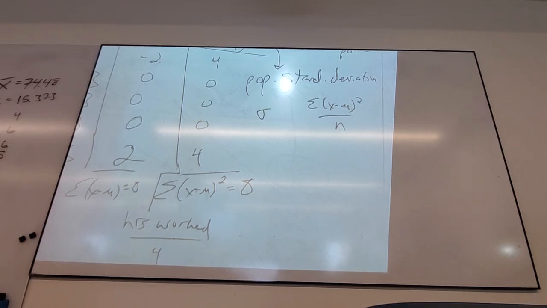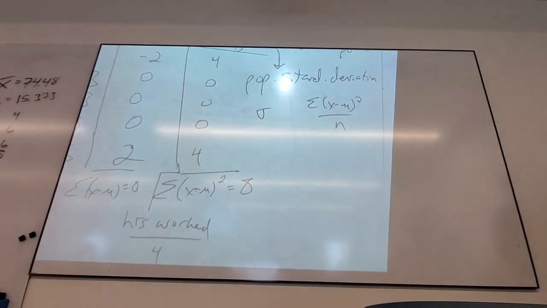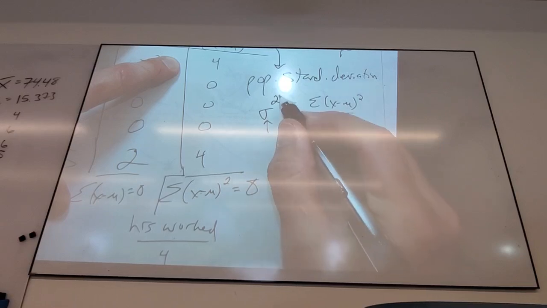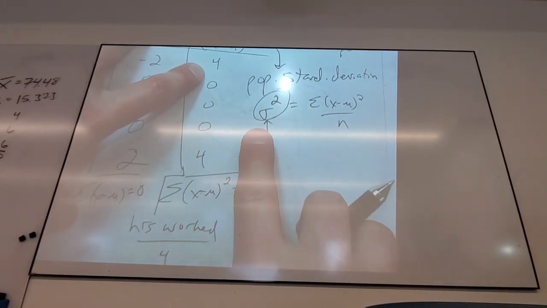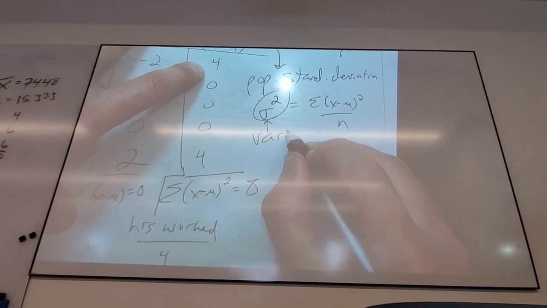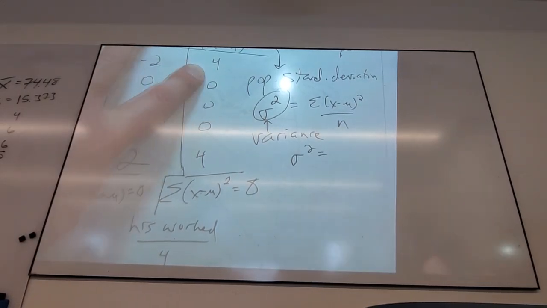So I haven't square rooted yet, so it makes sense that I want the symbol for what we've done so far. I want it to be this, sigma squared, by the way, that's lowercase sigma. This is called the variance.